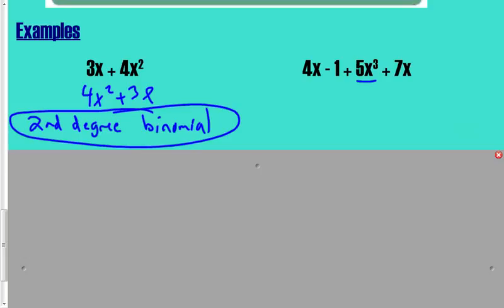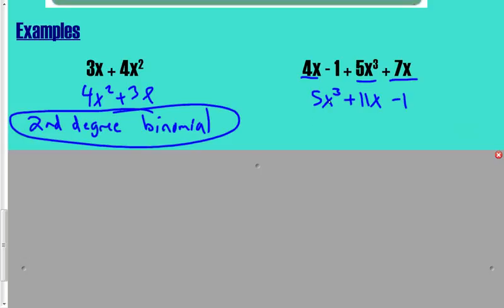Now be careful with this, because 5x cubed goes in front. These two combine together to make 11x. And then we have minus 1. So if there are like terms, you should combine them together, because otherwise it'll change how you would classify it.